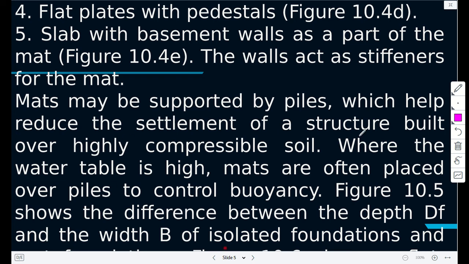So where the water table is high, mats are often placed over piles to control buoyancy. There's also the idea that, because water applies pressure in all directions, let me give you an example with a dam.